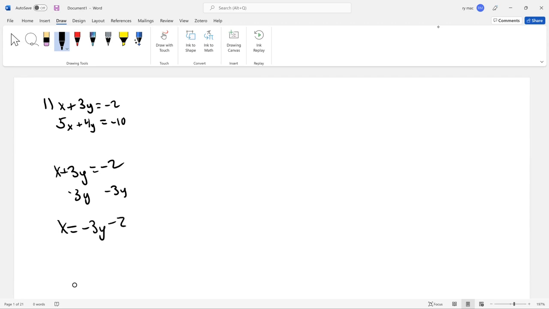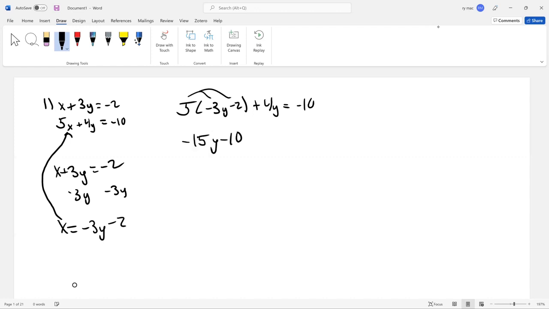So I get x is equal to -3y minus 2. And now that's something that I can plug into my second equation right here. So now I have 5 times -3y minus 2 plus 4y is equal to -10. Distribute the 5 out. I get -15y minus 10 plus 4y equals -10.